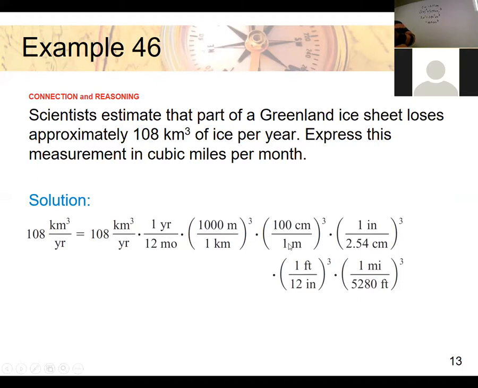And we also know, or should know, 1 meter is 100 centimeters. So here they have 100 centimeters divided by meters because they want to get rid of the meters. And there is a fact that 2.54 centimeters is equivalent to 1 inch. So we have 1 inch divided by 2.54, that's also going to be cubed.